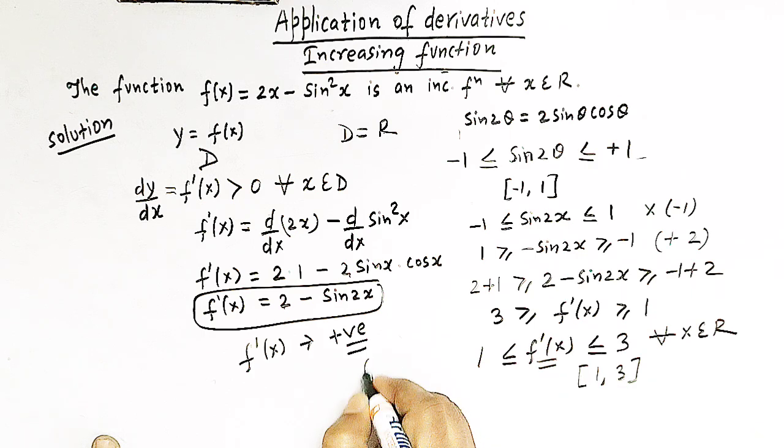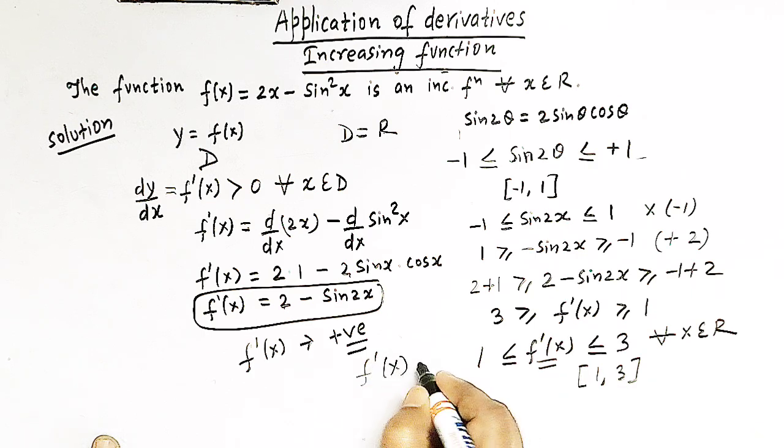So we can now write f prime of x is always greater than 0 for all x belonging to R.